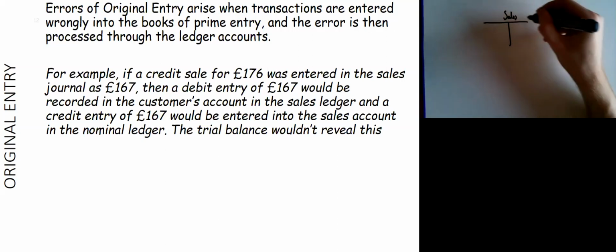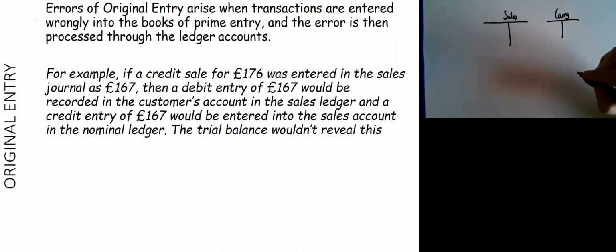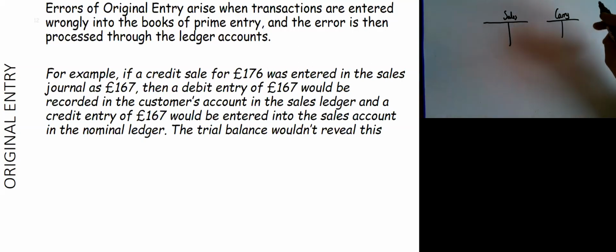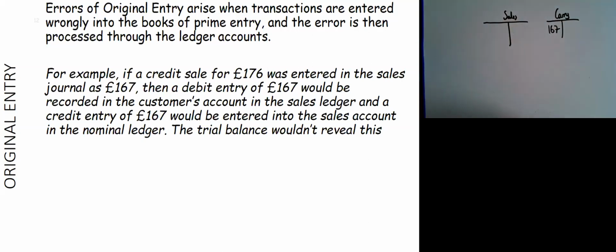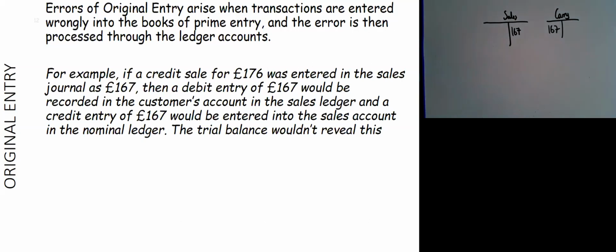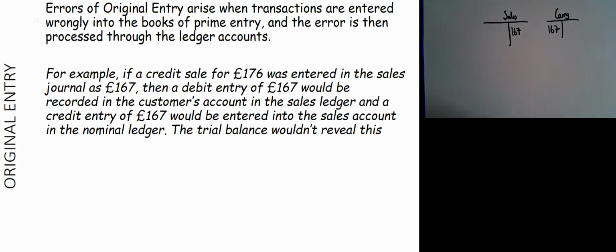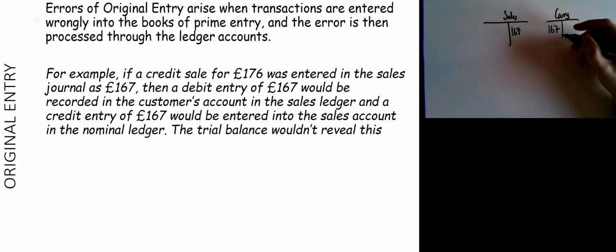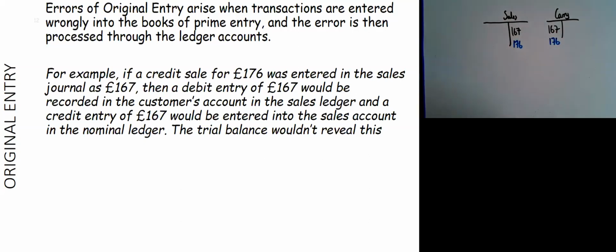So we have sales, and let's call the customer Carrie. We have Carrie's account, she's a customer asset, she's been debited with 167, and sales has also been credited with 167. So the wrong number has been put in both accounts, so it'll still balance. However, it should have been 176 and 176 here.